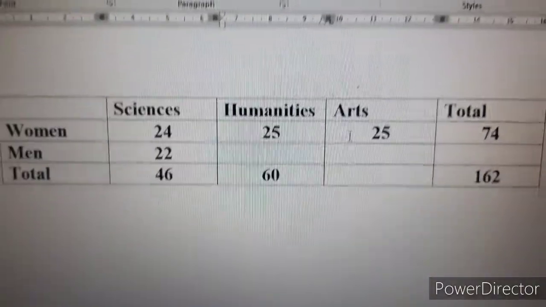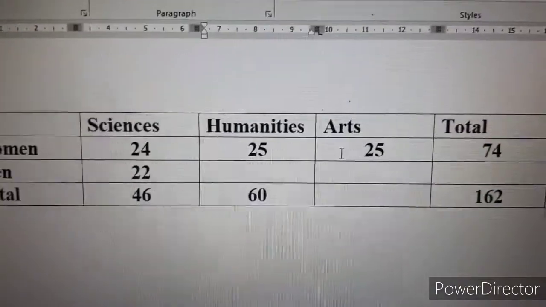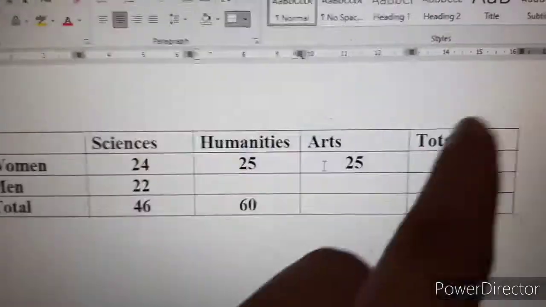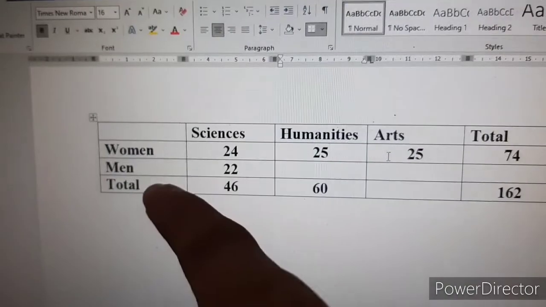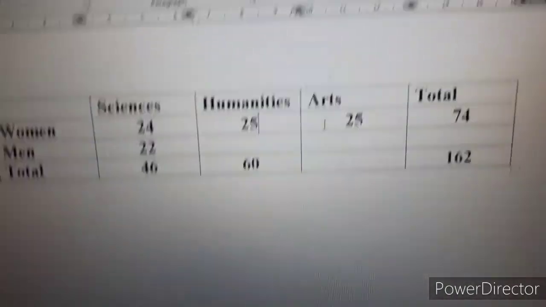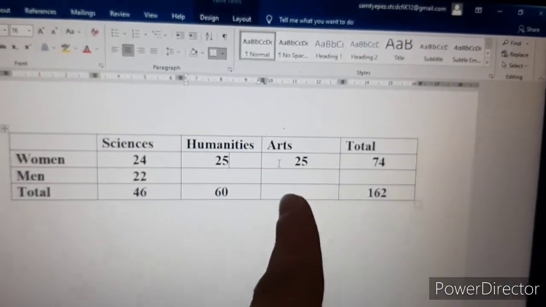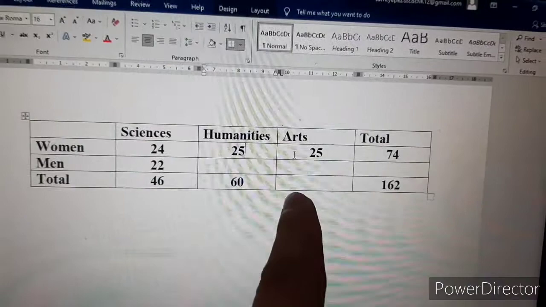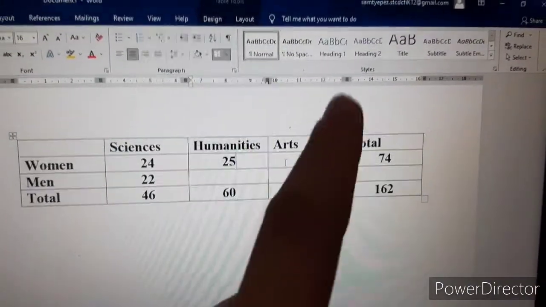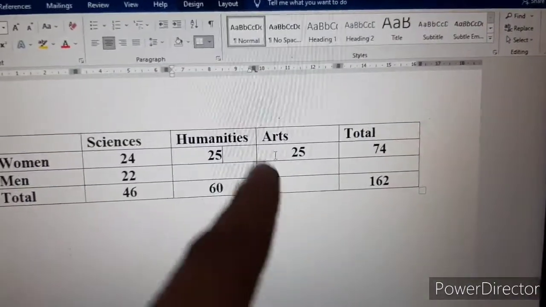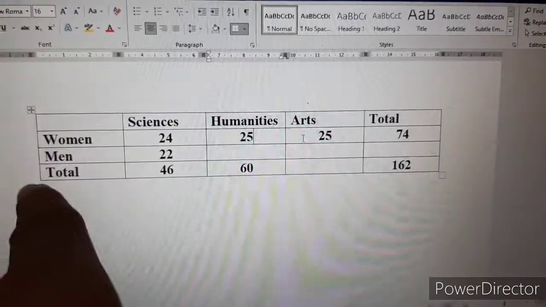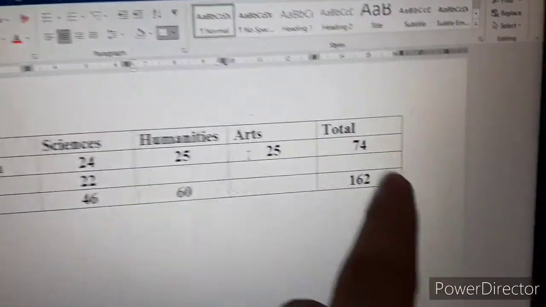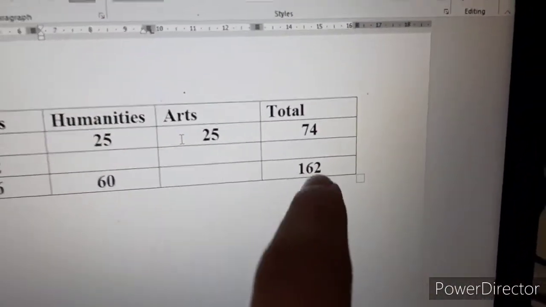So now, in order for us to find the rest, like the men section, next we would be searching for the total amount of students who went to arts, since it's missing here. So let's go to the third row. As you can see, the total is 162.